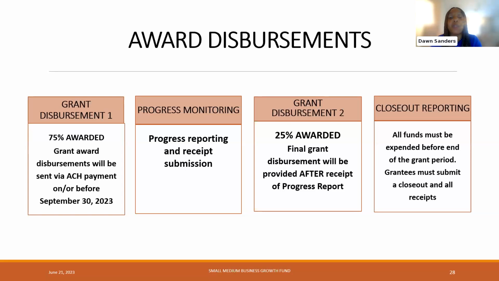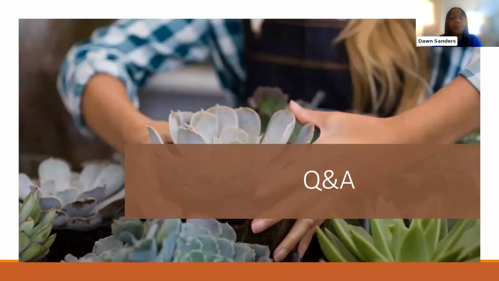That final grant disbursement is going to then be linked to your closeout report, and that's going to be submitted before September 30th of 2024. So again, you're going to have two disbursements with progress reporting and receipting that you'll need to provide, and then a closeout report that you'll do at the conclusion of the grant process.